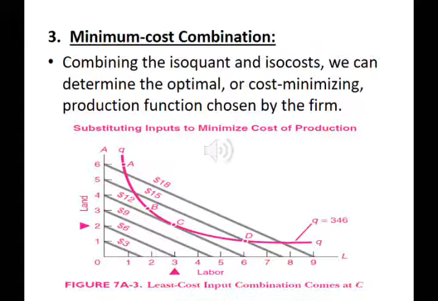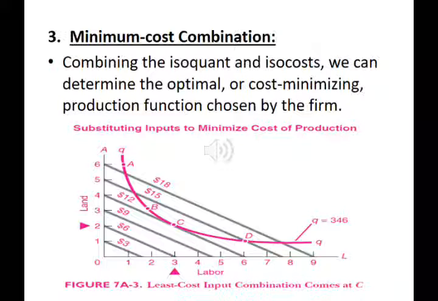The first step we did was to draw the isoquant, which has all the different combinations of inputs, all the different production functions that yield the same level of output, Q equals 346. The other ingredient was the different isocosts that the firm was facing. The first isocost will cost the firm $3, the second will cost the firm $6, and so on and so forth.